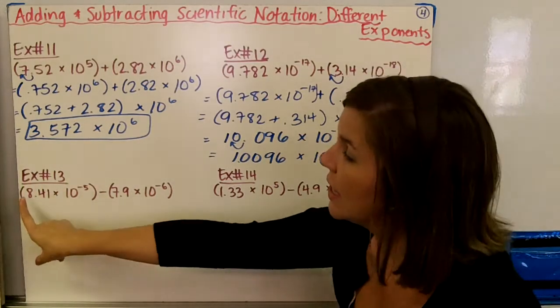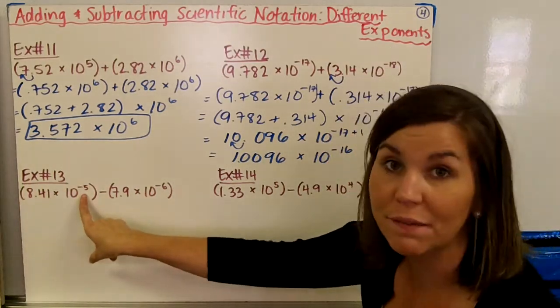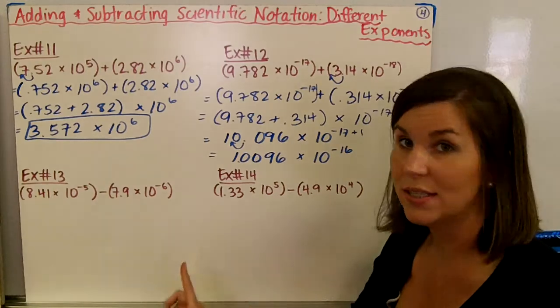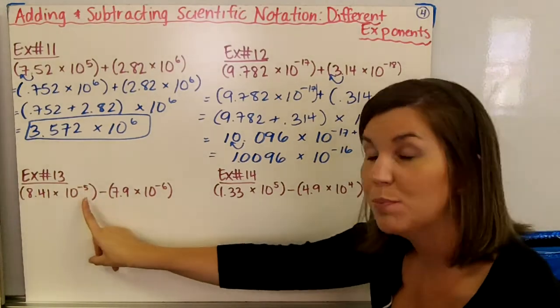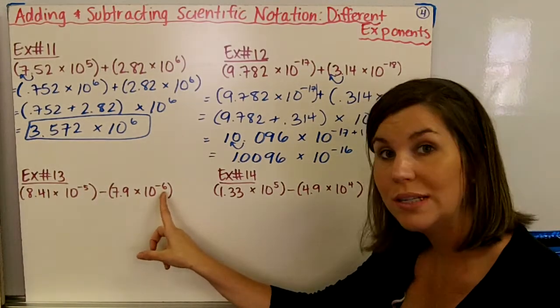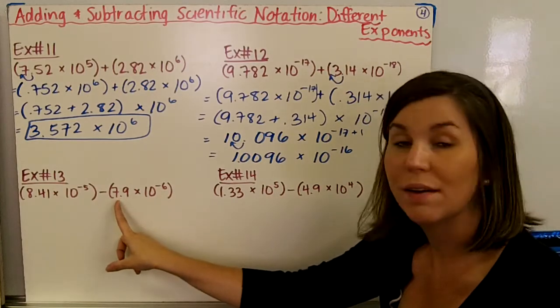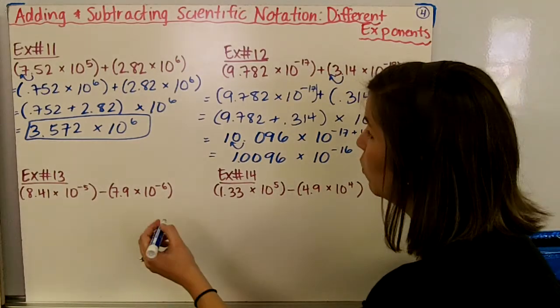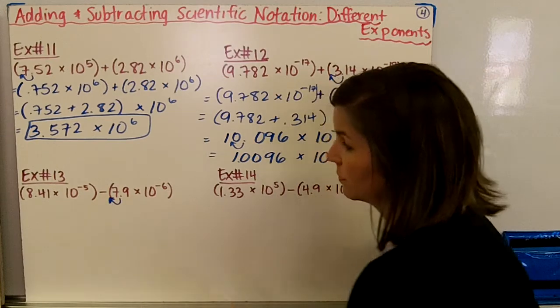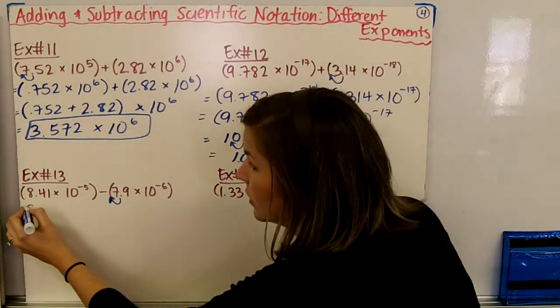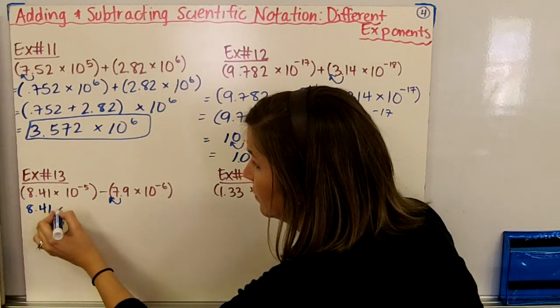Example number 13. All right, we have negative 5 as an exponent and negative 6 as an exponent. Negative 5 is bigger, so we need to add 1 to this exponent, which means we have to move our decimal 1 place to the left. This number stays the same.